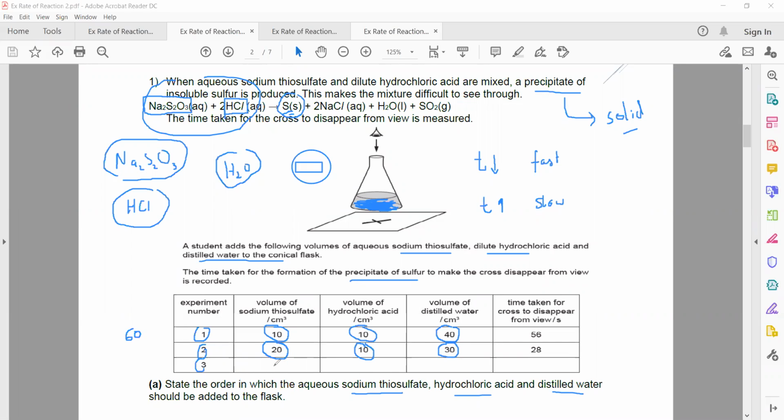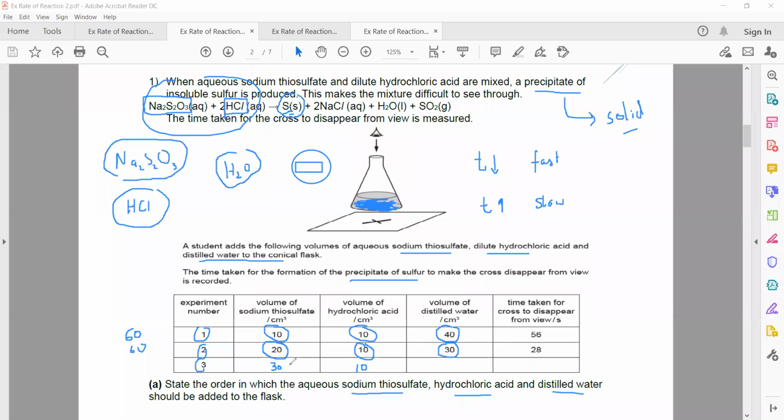For example, I took 30 cm cube of thiosulfate and 10 cm cube of HCl. We are not changing HCl, we are only changing thiosulfate. How much water should I take for a fair comparison in this experiment?